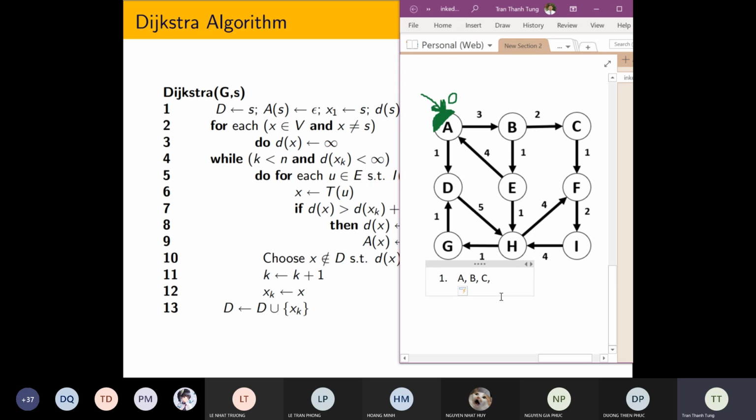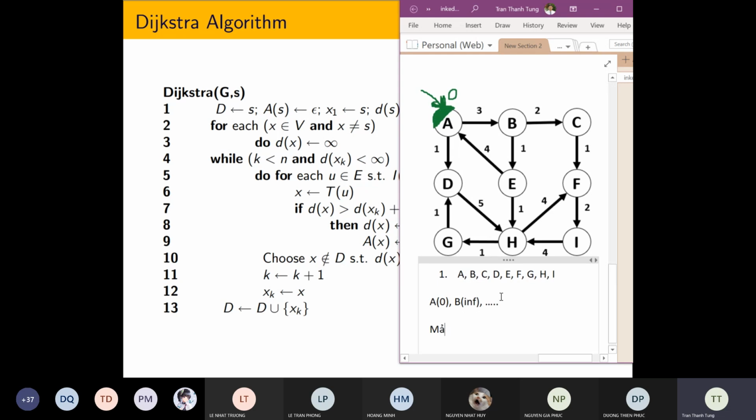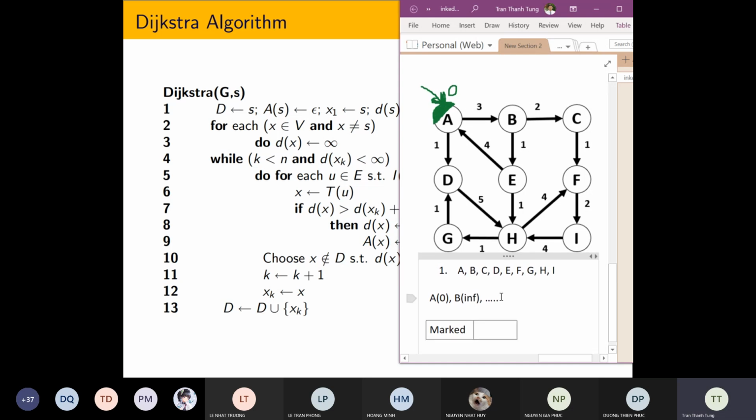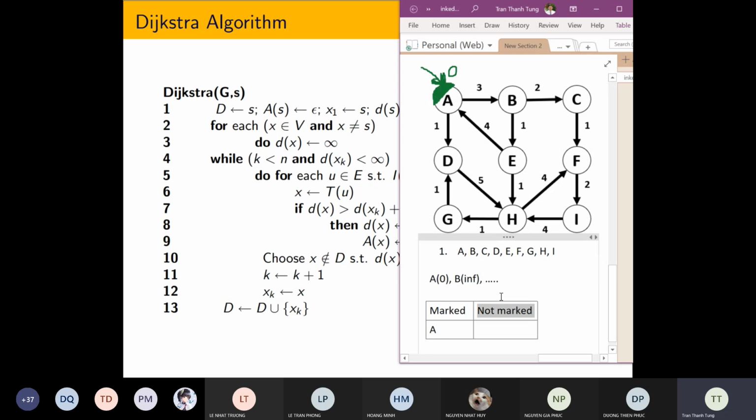We have A, B, C, D, E, F. At the beginning we set the values: A is 0, B is infinity, and the same for C and D. Then we have the marked set, and the second column will be the not marked. For the marked set at the beginning we have A.